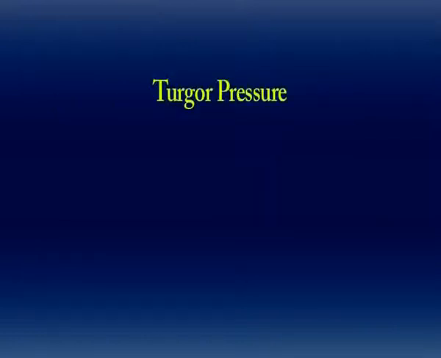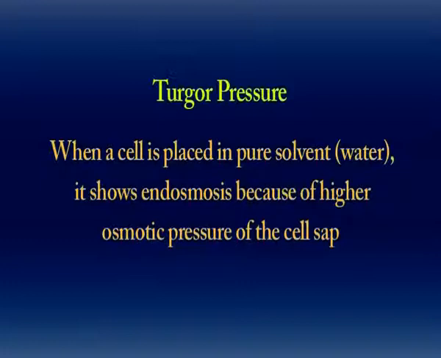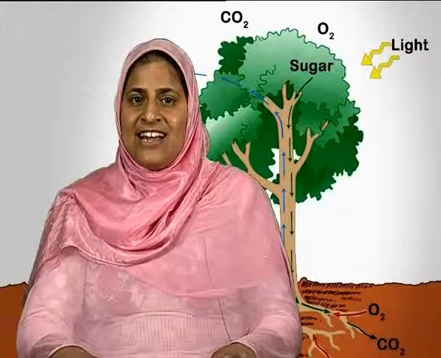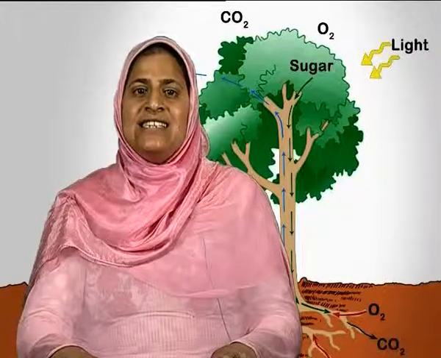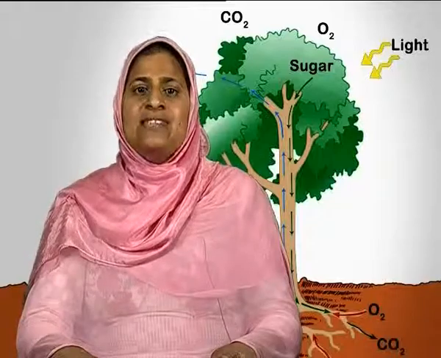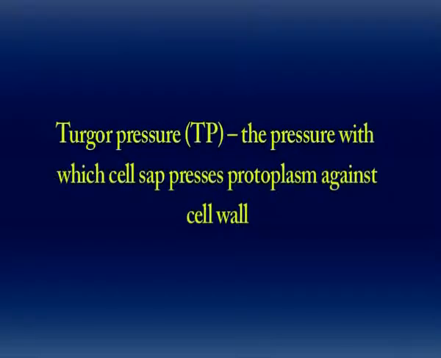Now, let's talk about turgor pressure. When a cell is placed in pure solvent, for example water, it shows endosmosis because of the higher osmotic pressure of the cell sap. As a result, the vacuole increases in size and presses the protoplasm. The pressure with which the cell sap presses the protoplasm against the cell wall is called turgor pressure.